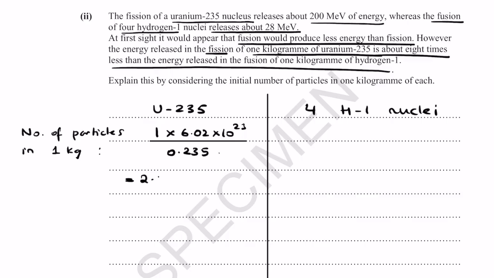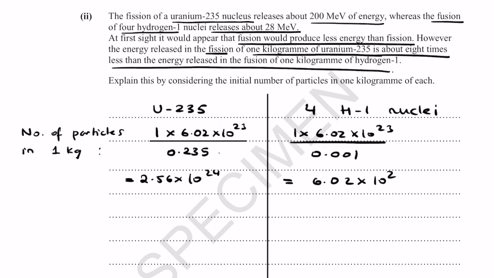So that's 2.56 times 10 to the 24 nuclei in 1 kilogram of uranium-235. Likewise, I'm going to do it for hydrogen. So 1 times 6.02 times 10 to the 23 divided by 0.001. And I would end up timesing this by 4 to get the amount. In fact, I'll just write that down over here, which is 6.02 times 10 to the 26.